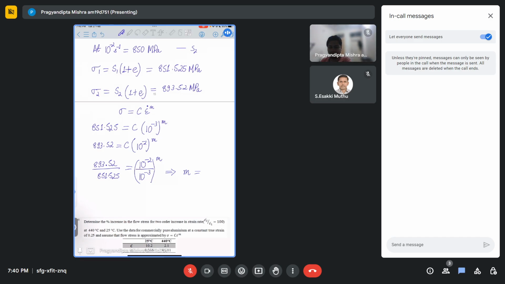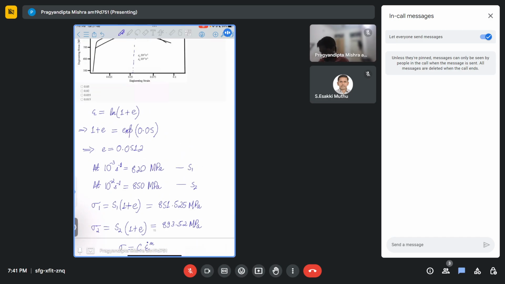I get m is equal to log of 1.0493 divided by log of 10. So let me do that. So the final answer is around 0.02.